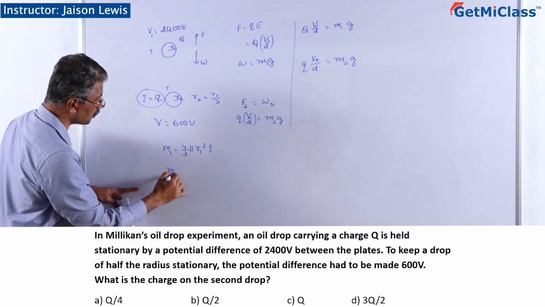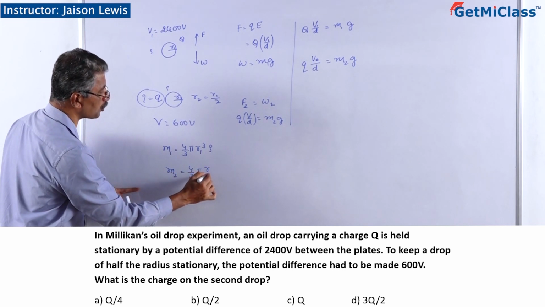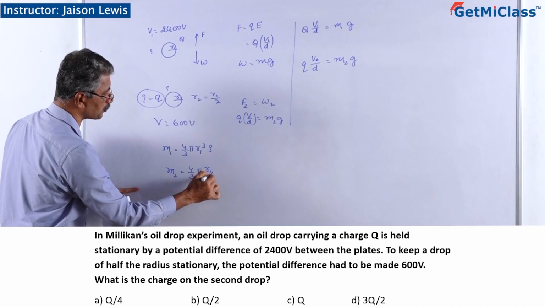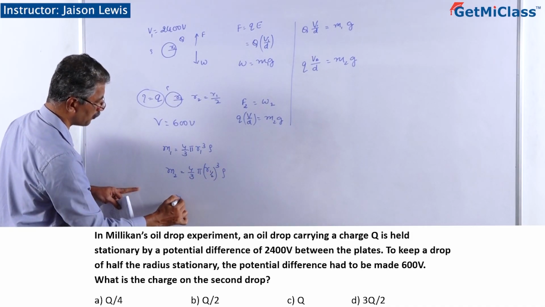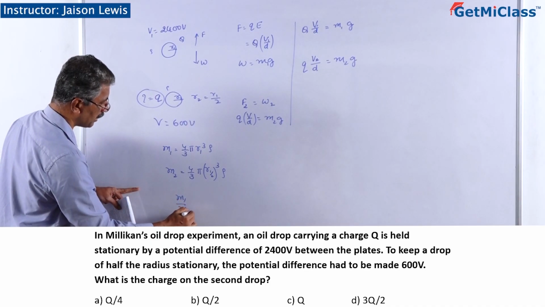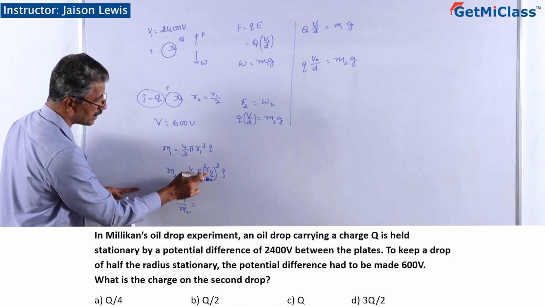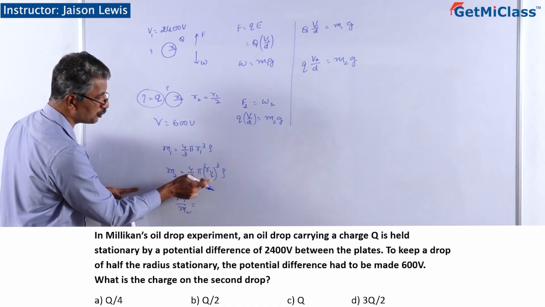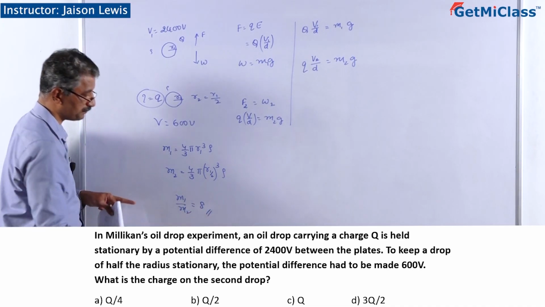Second case, m2 is 4 by 3 pi R2 cube, where R2 is equal to R1 by 2, so R1 by 2 cube into rho. Therefore, if I find the ratio m1 by m2, everything else is common, it is 1 by 2 cube, which is 1 by 8. 8 goes to the numerator. Therefore, the ratio is 8.